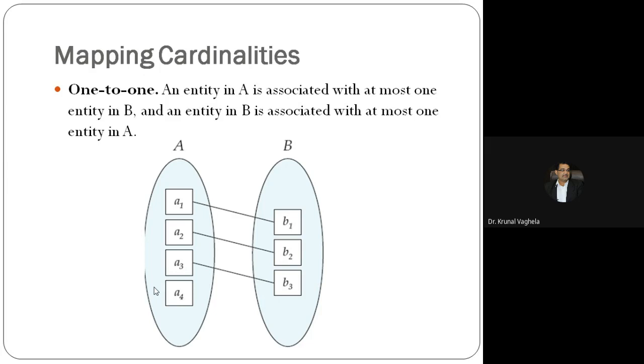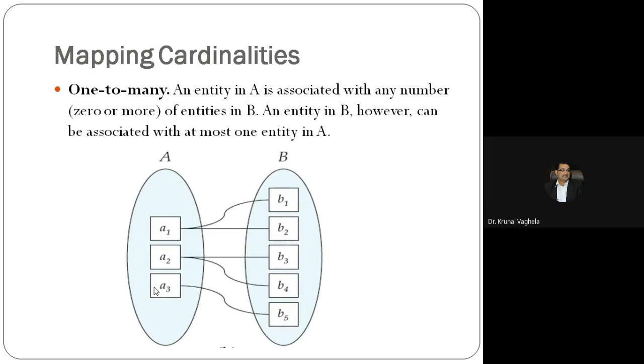Got this? Now this is the example. Now the next example is for the next category. This was one-to-one, now one-to-many. An entity in A is associated with any number, 0 or more, of entities in B. But an entity in B, however, can be associated with at most one entity in A. That is one-to-many.